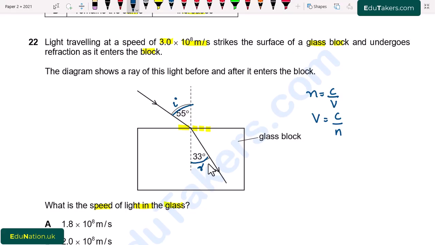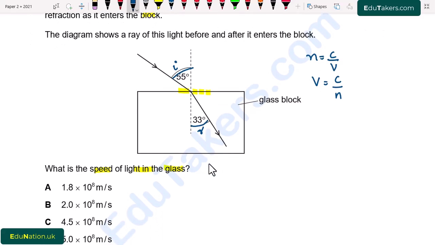We don't know the value of n, so we have to find it. Here I use Snell's law: n1 sin theta 1 is equal to n2 sin theta 2, where n1 sin theta 1 is for the air, while n2 sin theta 2 is for the glass.